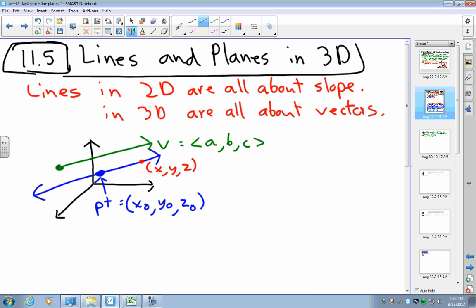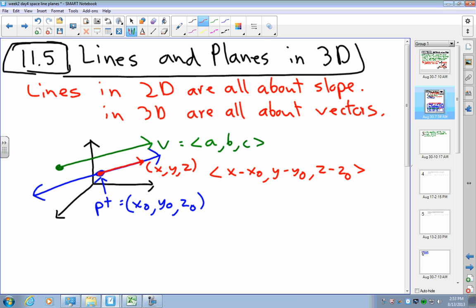So I can create a vector from the given point to any point on the line, and that vector would be x minus x naught, y minus y naught, z minus z naught.